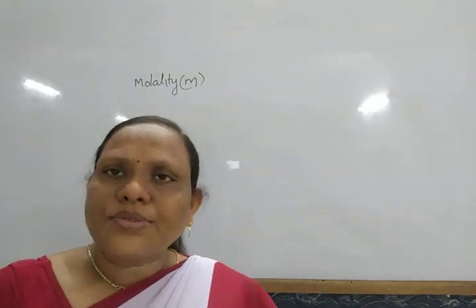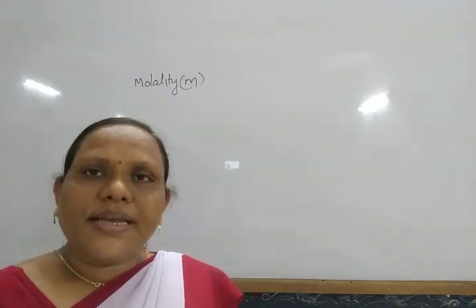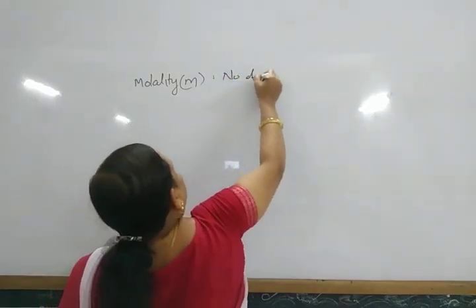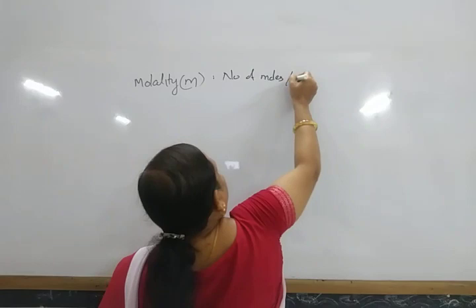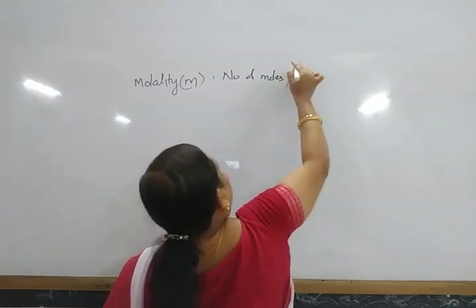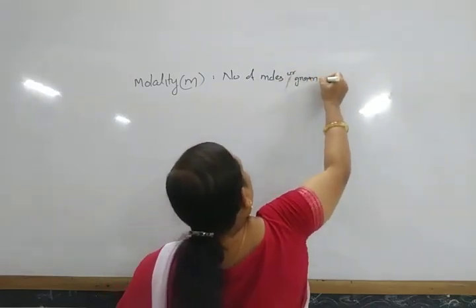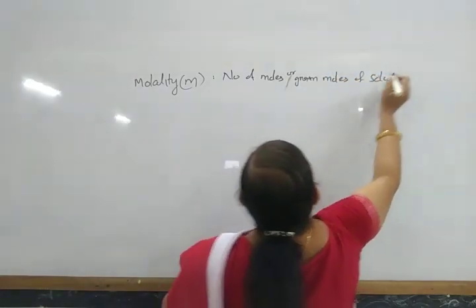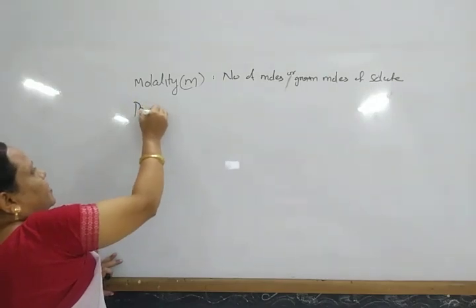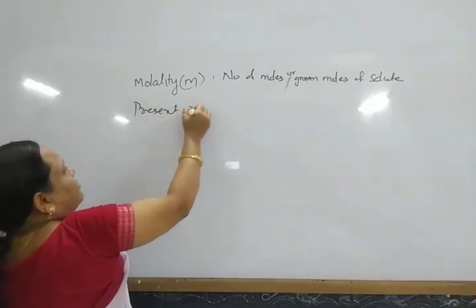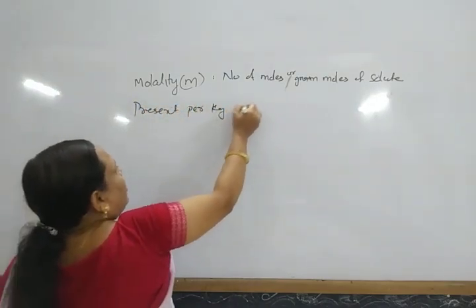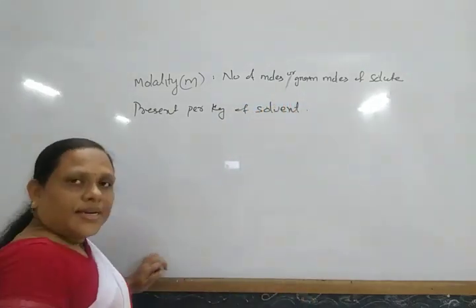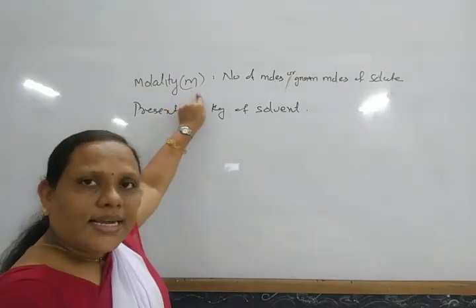Number of moles, or gram moles, of solute present per kg of solvent. Okay, so this is known as molality.